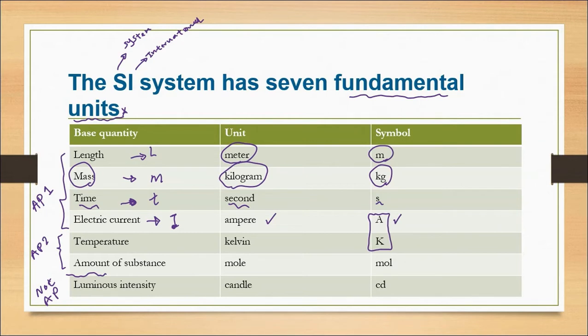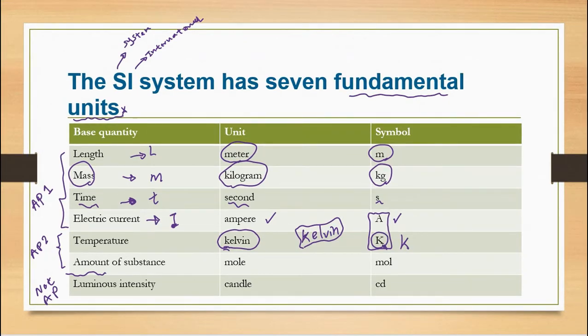Kelvin is the name of a scientist, so we write it with capital letter K. But if we write it with capital K, here we are talking about the scientist Kelvin. If we want to mention the unit, we use small k, when we write the whole word as the unit. Capital K is the symbol for the unit of temperature.